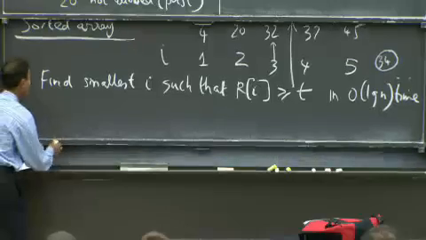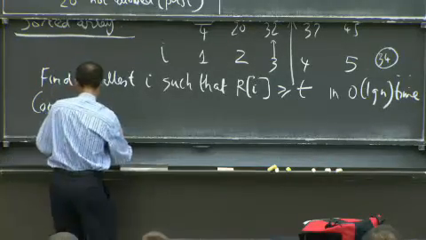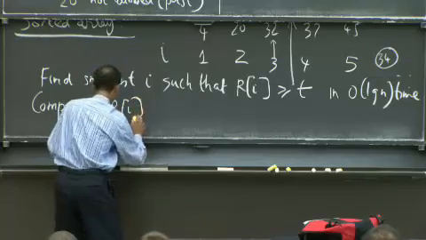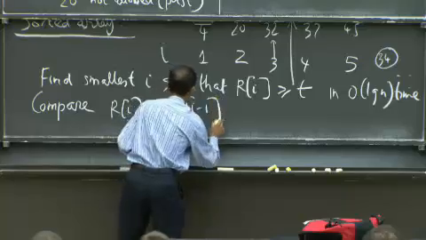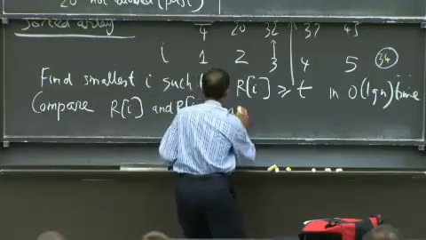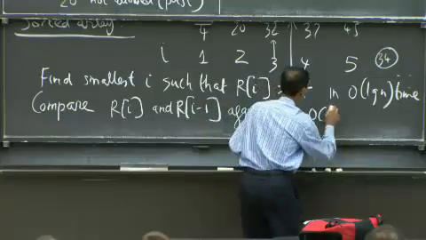You're going to be able to compare R of i and R of i minus 1, so the left and the right, against t in order 1 time. Right?